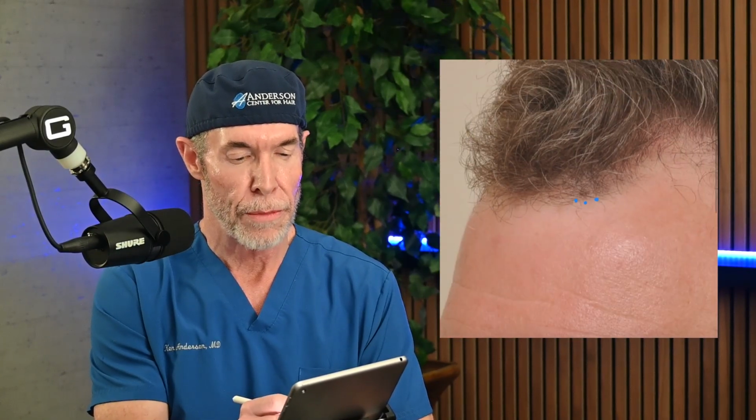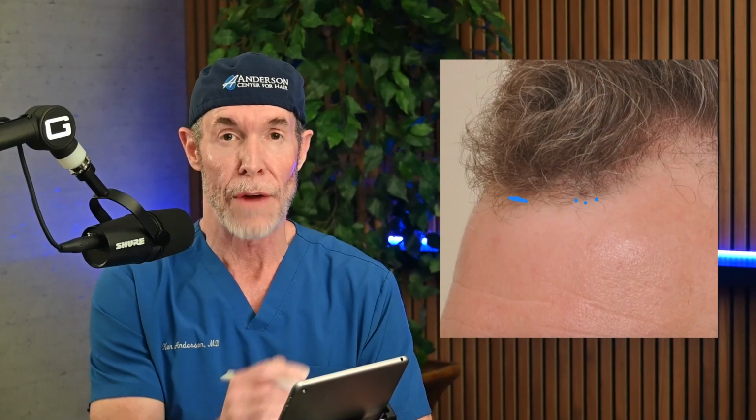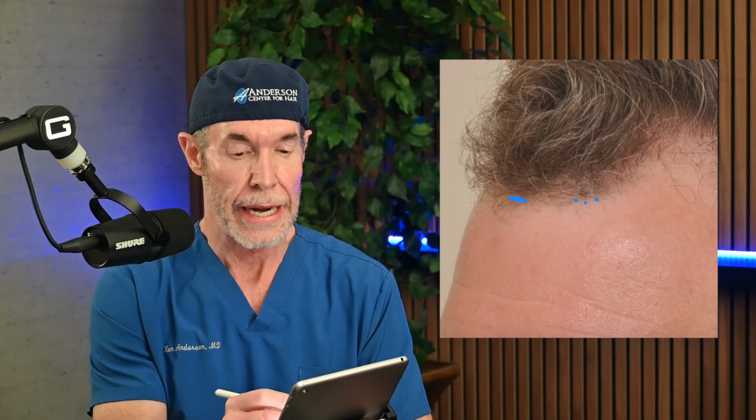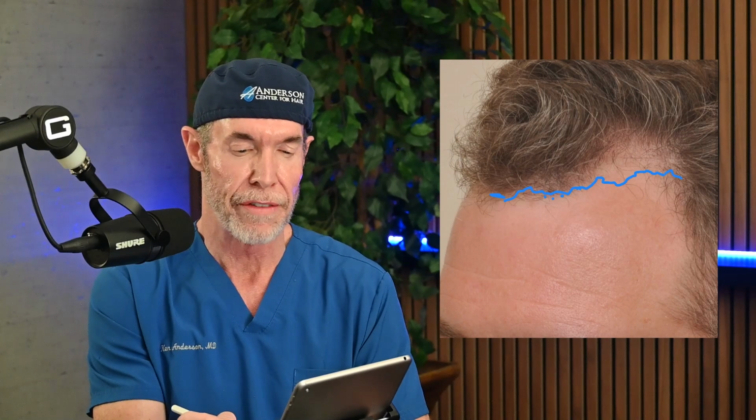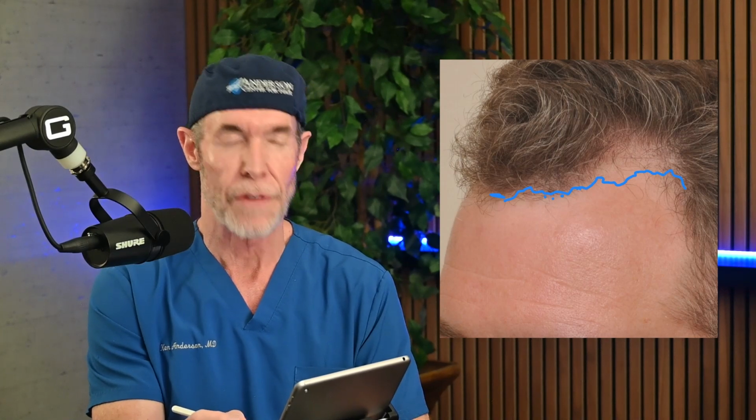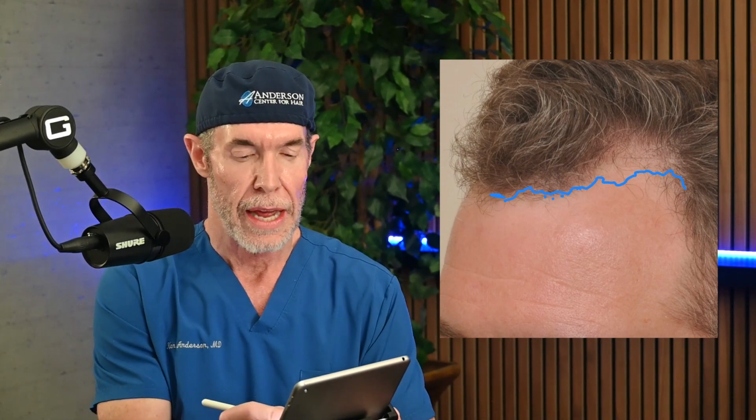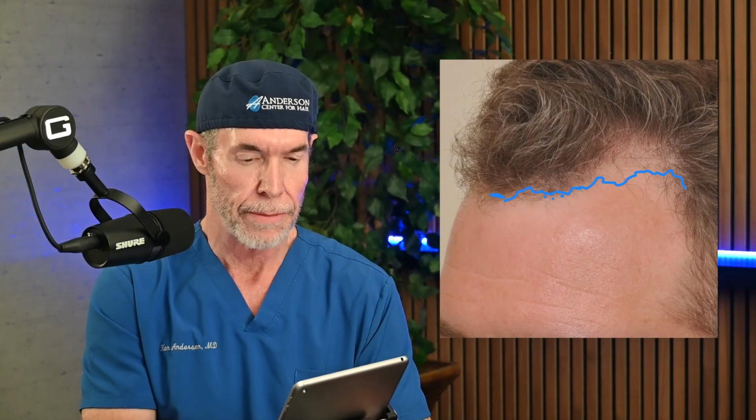And just as I mentioned before, we're going to keep the hairline right where it is in the midline. And then as we come out, we're going to keep it nice and irregular, right? We don't want any pattern or anything that would lead the viewer to believe that there is something man-made up there. And so I'm not sure I like that, actually.